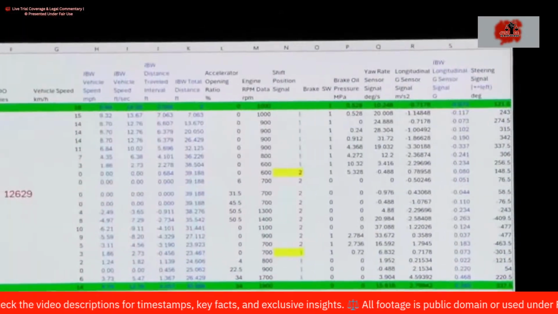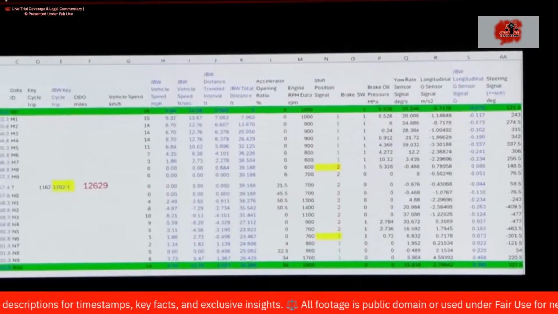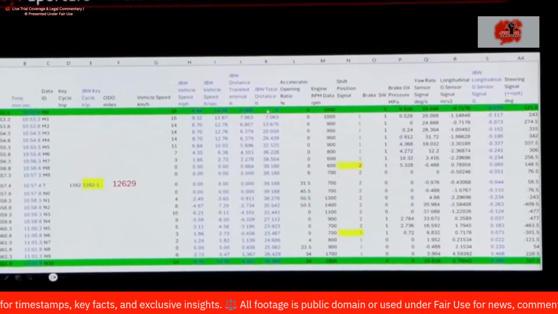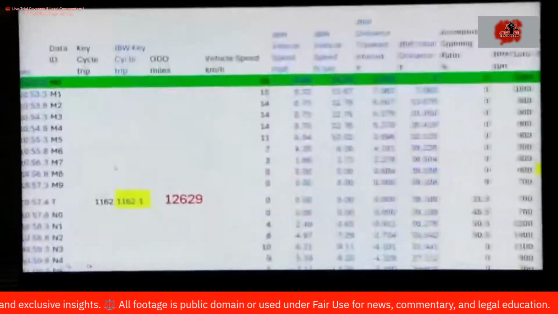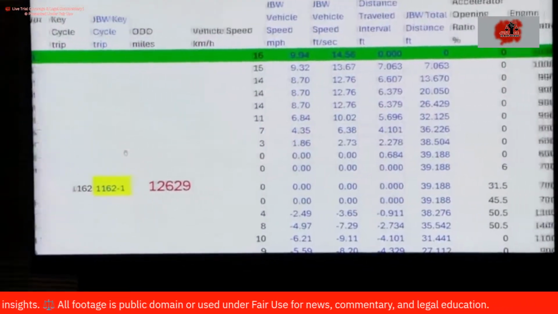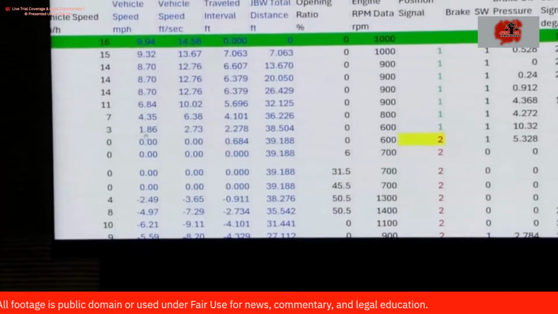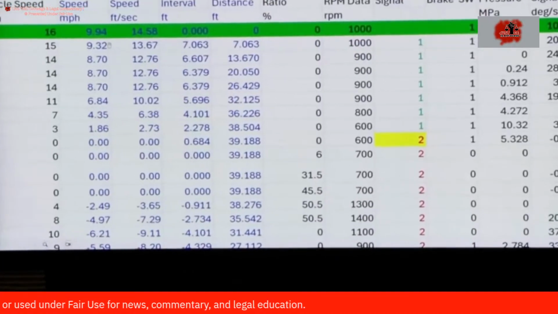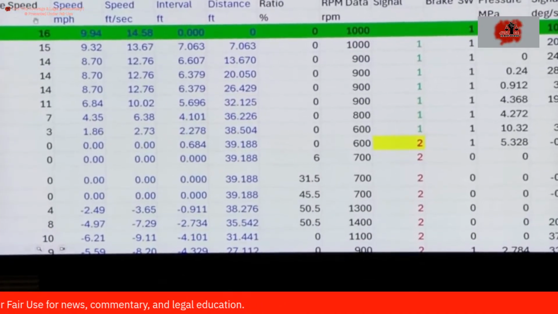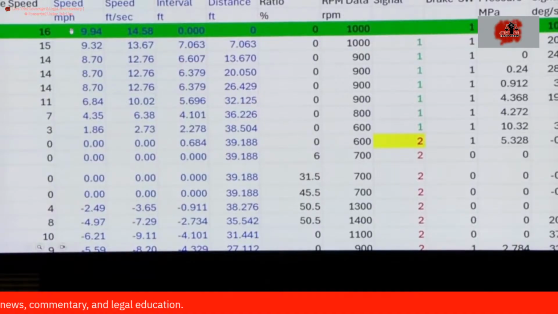And if you can enlarge that, because it's hard to see back here. Sure. Okay, so again, we are looking at event 1162-1. The information in blue is speed. It comes out of the text stream in kilometers an hour, converted to miles per hour, feet per second.